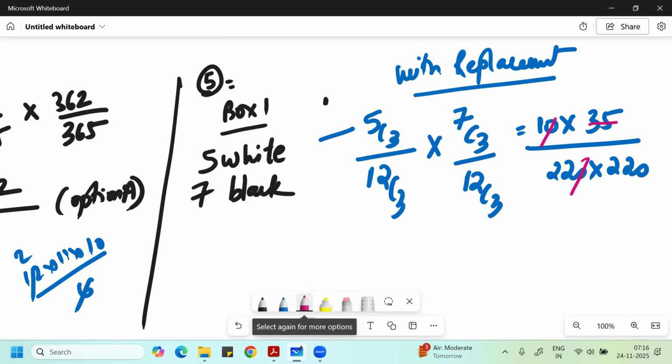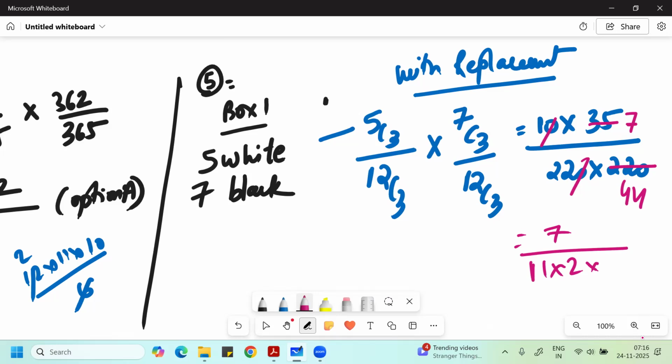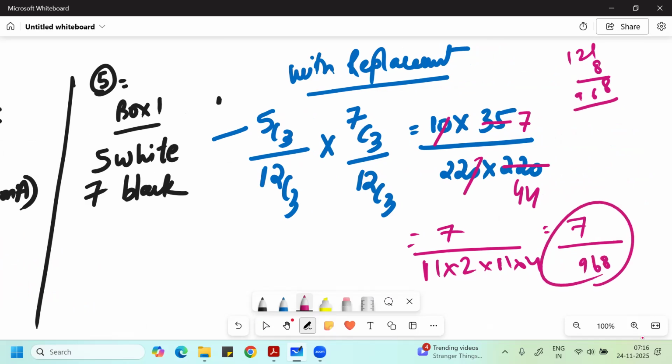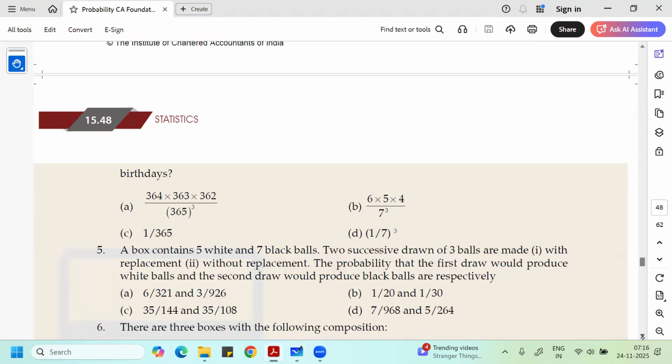Then this is 7 by 44, so this is 7 by 11 into 2 into 11 into 4. So this is 7 by 121 into 8, which is 968. 7 by 968. The answer for this is option D, 7 by 968.